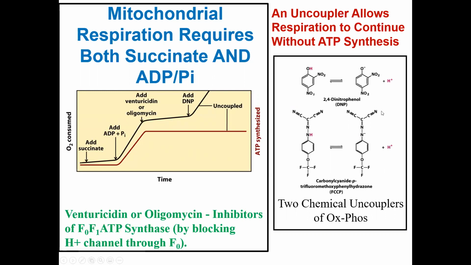When the proton gradient is messed up, there is no electrochemical energy stored, and therefore F0F1 ATP synthase will not be fired up, because protons will not move from outside to inside down their electrochemical gradient. And so no synthesis of ATP will happen. Cool. So now you understand how these two molecules, uncouplers, can still continue respiration and not synthesize ATP.